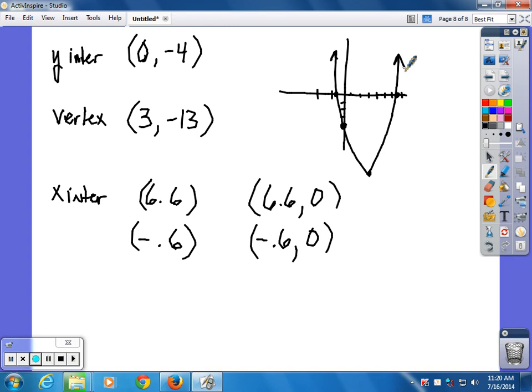Now, you can always go to your graphing calculator and check it. Before, I was asking people about doing the square of 9 and the square of 16.